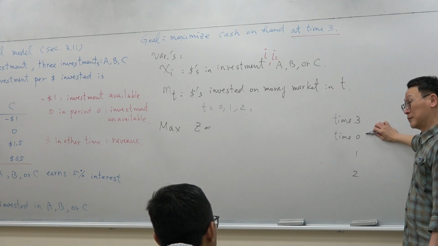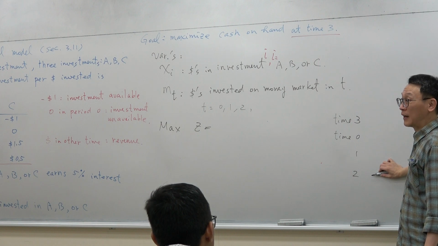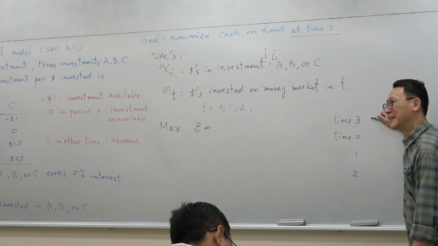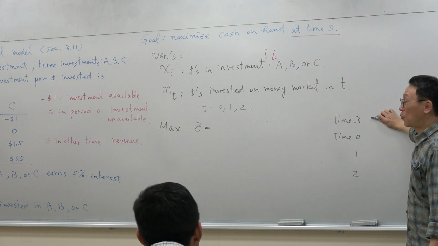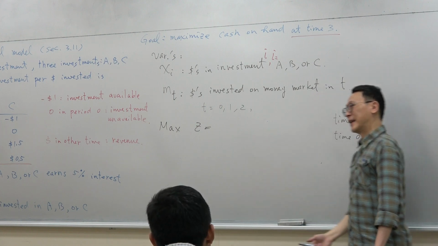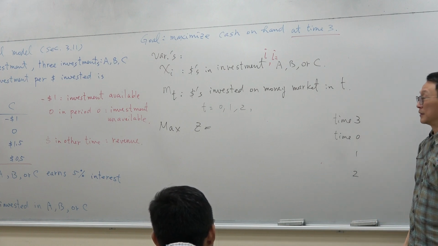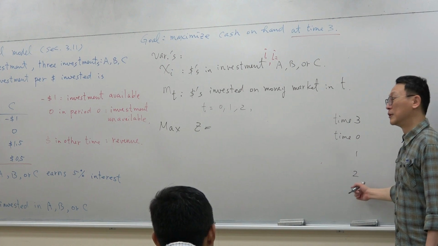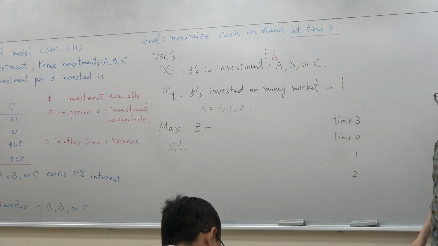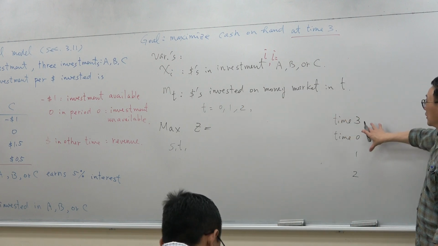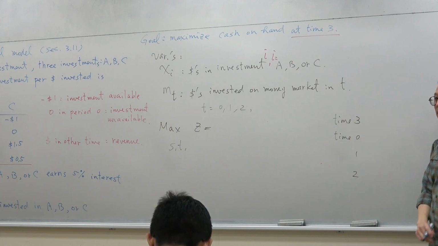Time 1 will influence the result of time 2, which also comes back to influence the money we have in time 3. So even though we want to maximize that, we start from time 0 and see what happened. Time 0, time 1, and time 2 become our constraints, because this relation will influence the result of time 3.